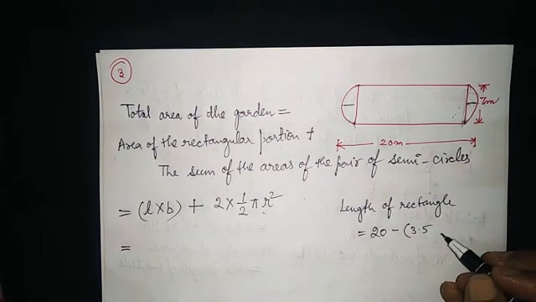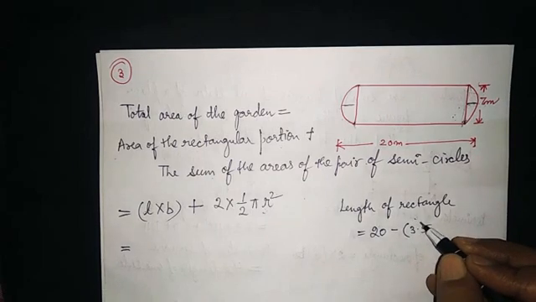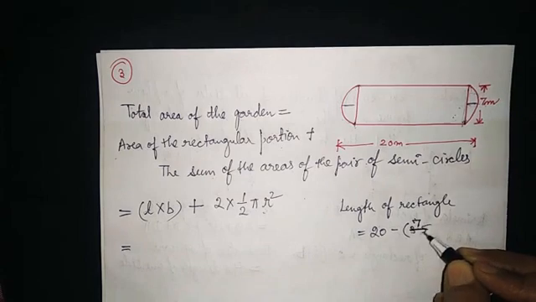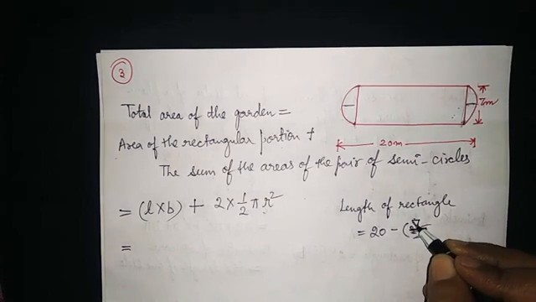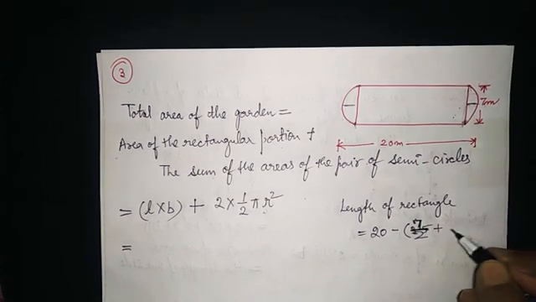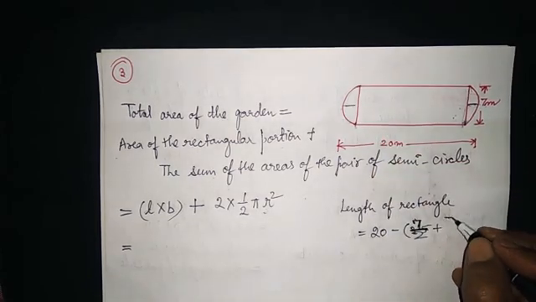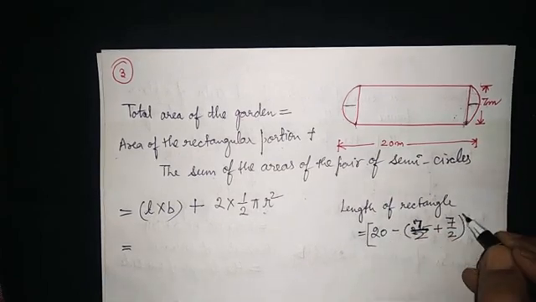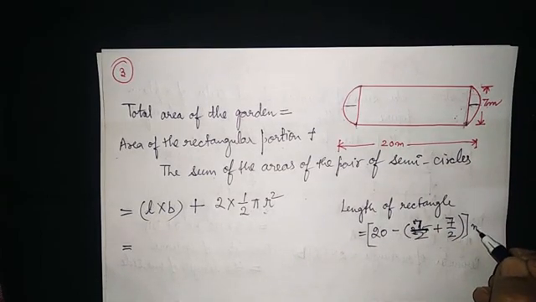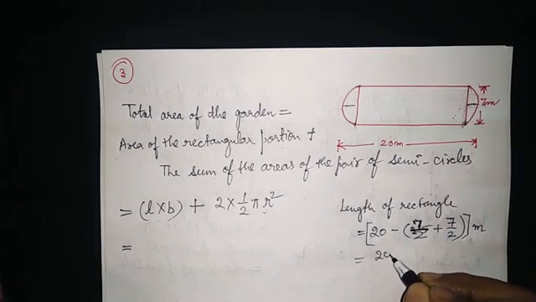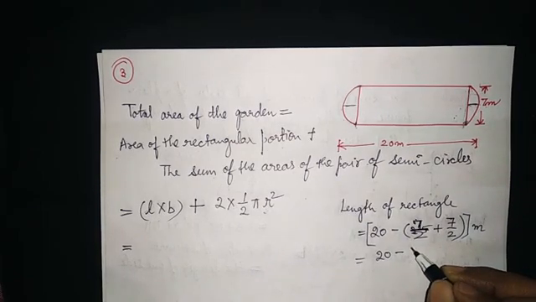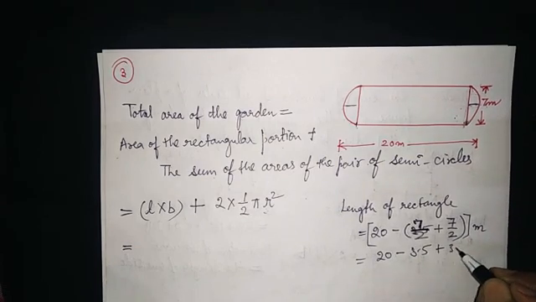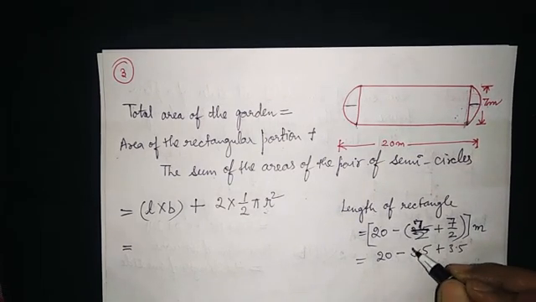Or if you want, you can write 7 upon 2 plus 7 upon 2, in meters.